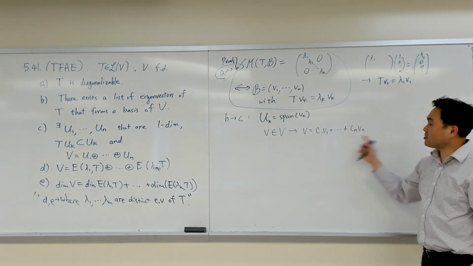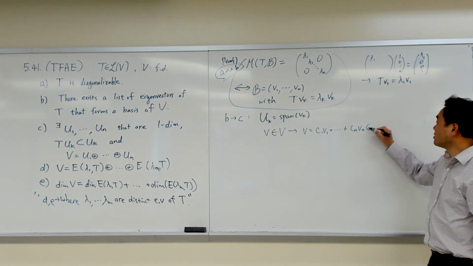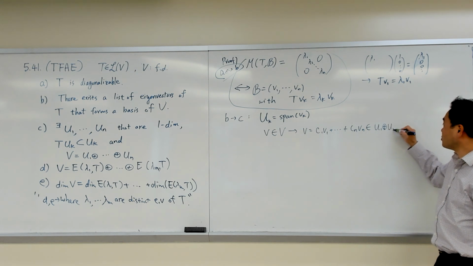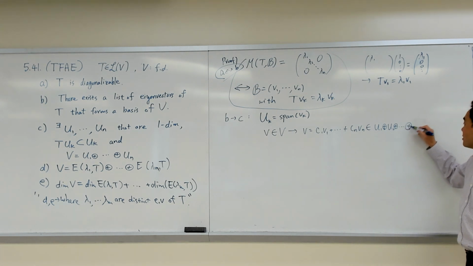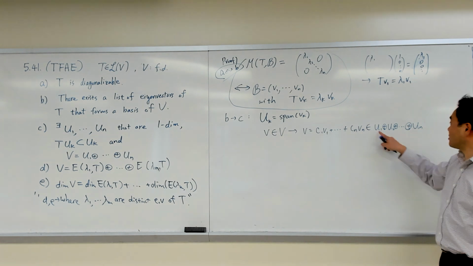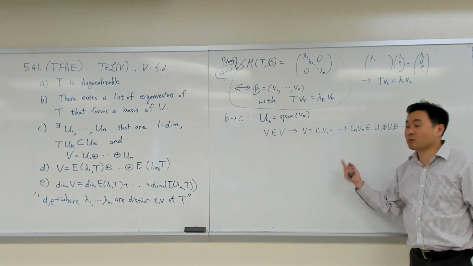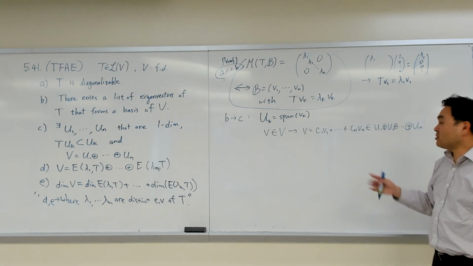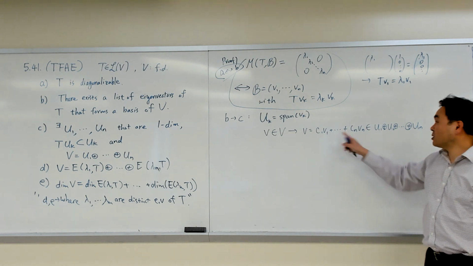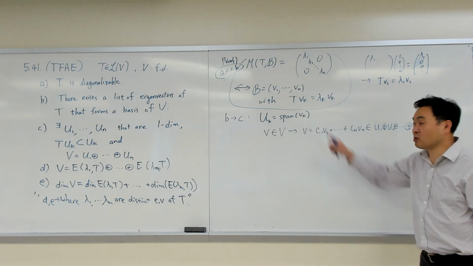So since it's a basis, any vector can be represented as a linear combination, which means this would be inside U1 direct sum U2 direct sum through Un, because each one of these is in the span of each one of these, right? And this representation is unique by the definition of being a basis, and that's exactly what being a direct sum means, right? So this is just immediate after you take Uk as the span of Vk, okay?